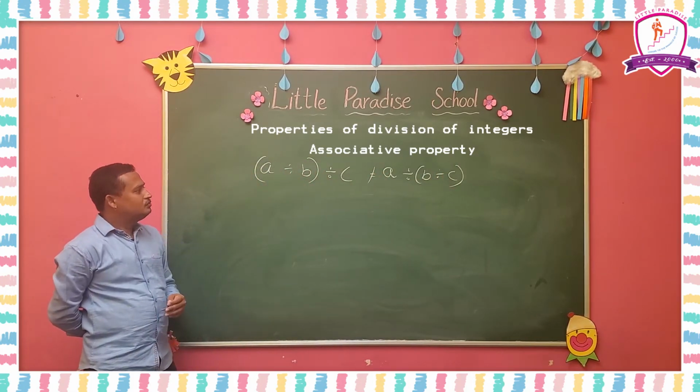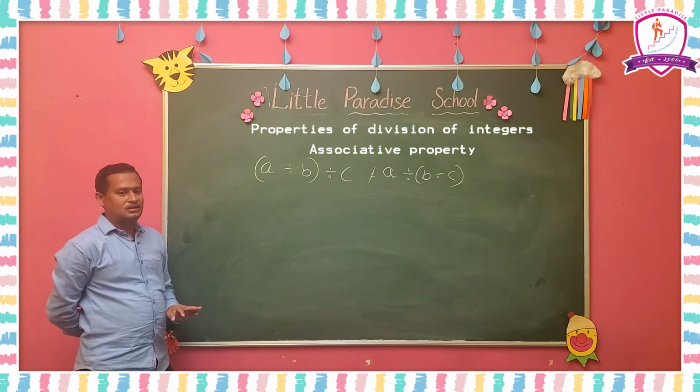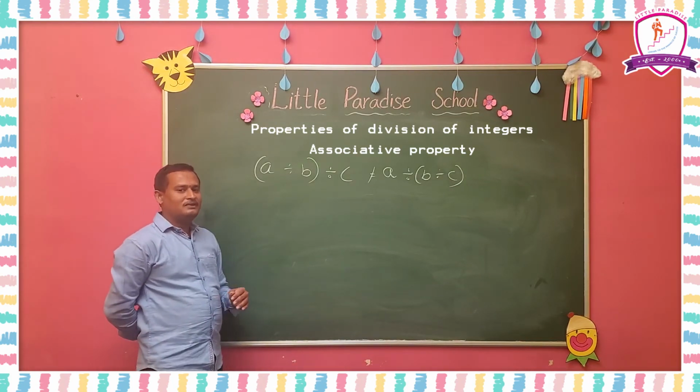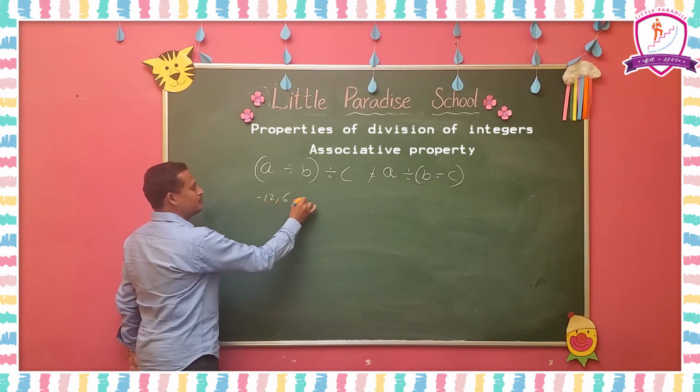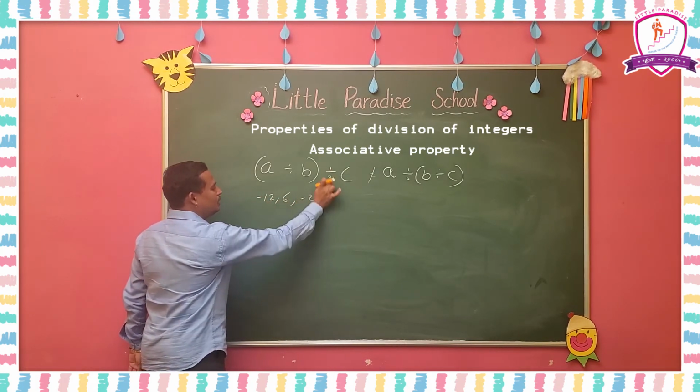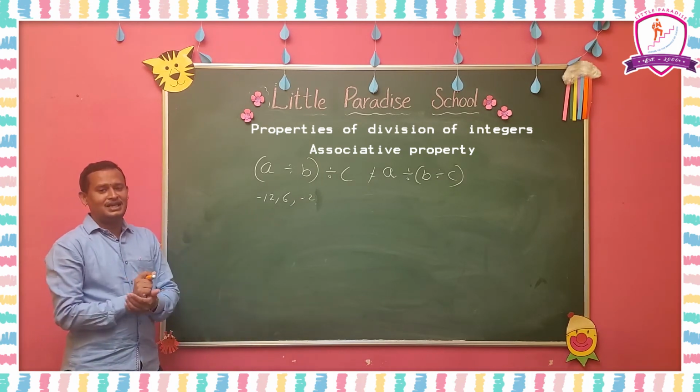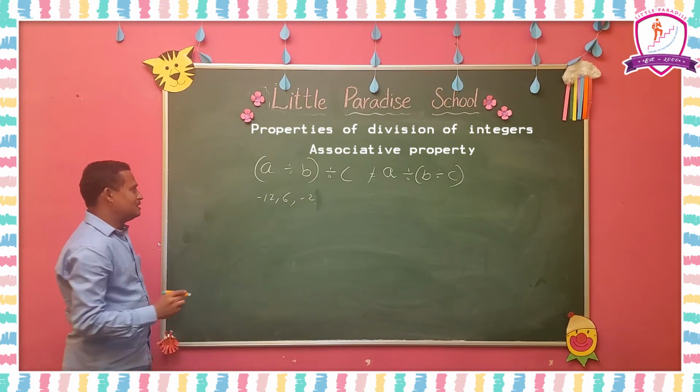Here these two will not be equal, and I am going to explain with an example. Consider minus 12, 6, and minus 2. Here I am going to take these 3 integers.